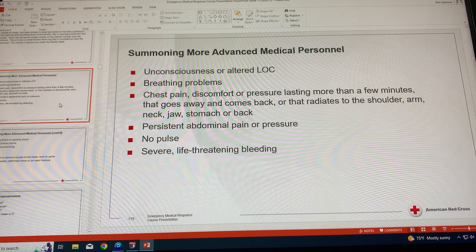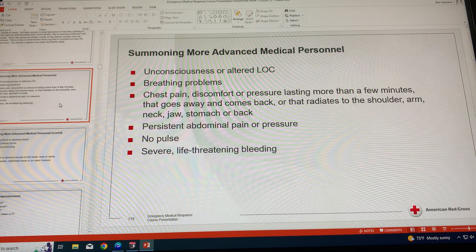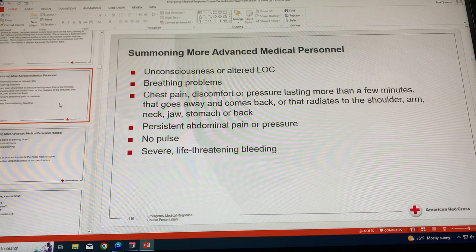Chest pain, discomfort or pressure lasting more than a few minutes that goes away and comes back, or that radiates to the shoulder, arm, neck, jaw, stomach, or back. Persistent abdominal pain or pressure. No pulse. Or severe life-threatening bleeding, bleeding that spurts or gushes steadily from a wound.